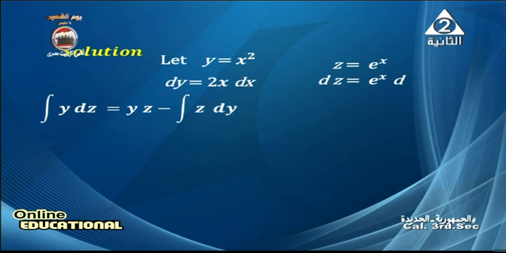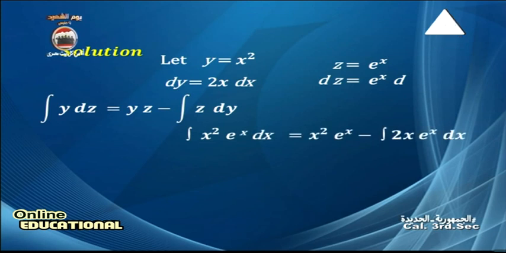Then the integration of the function x to the power 2 e power x dx equals x power 2 e power x minus integration z dy, integration e to the power x times 2x dx. Now, what is the integration of 2x e to the power x?